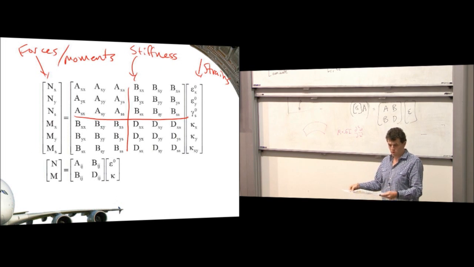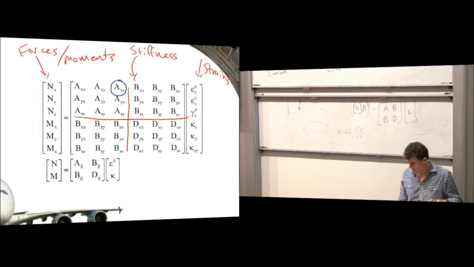So let's imagine that there's something in this box here. Okay, and what that box tells me is that if I put a shear strain on the laminate, I will get a force in the x direction.